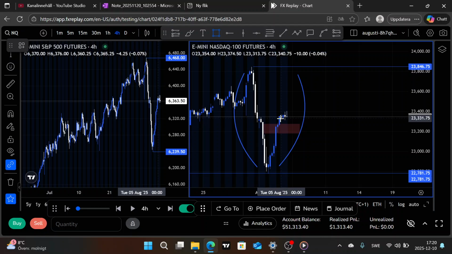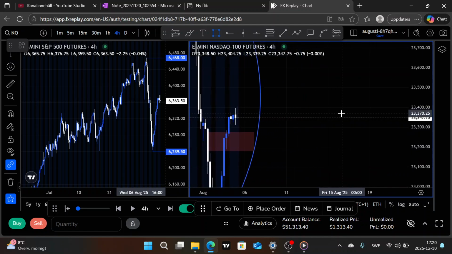So I mark out this value gap at the moment to see what price does.